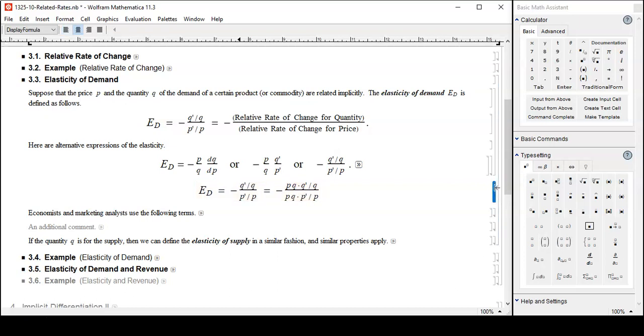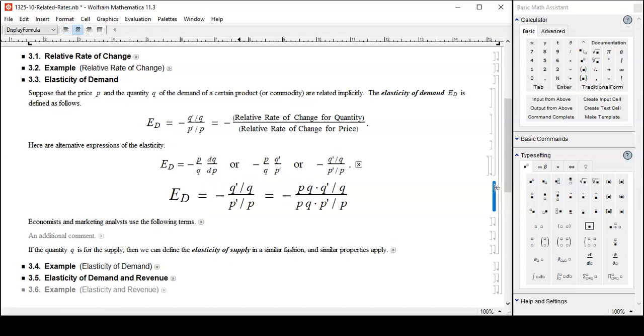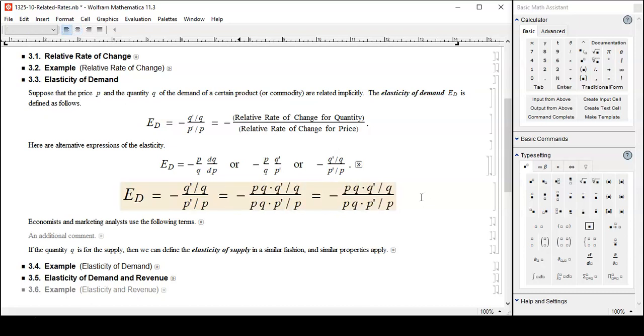And do you see a cancellation? This Q and that Q will cross each other out, and this P and that P will kill each other off. Do you see that? So this goes out.